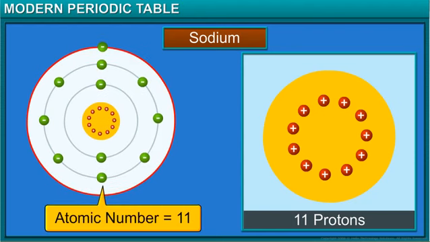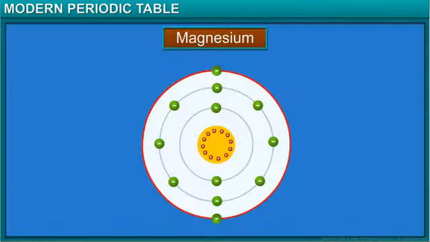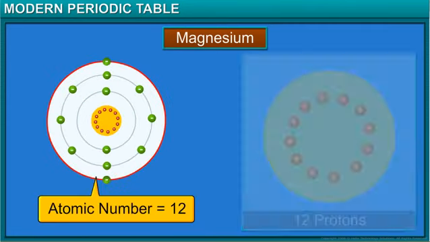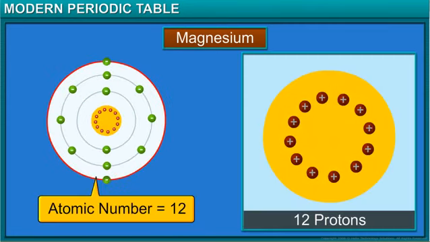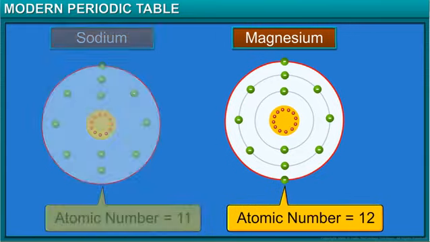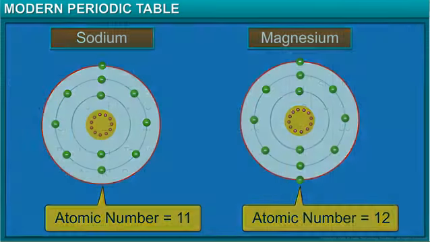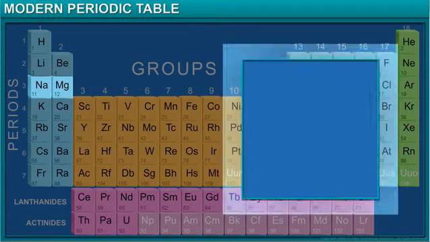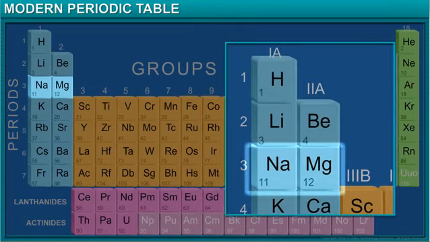Therefore, the atomic number of sodium is 11. Similarly, the atomic number of magnesium is 12. Since the atomic number of magnesium is higher than that of sodium, magnesium is placed after sodium in the modern periodic table.